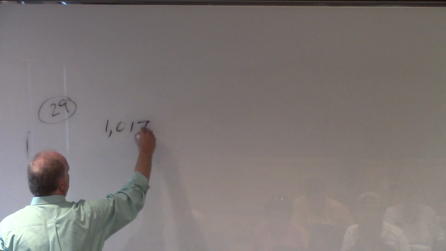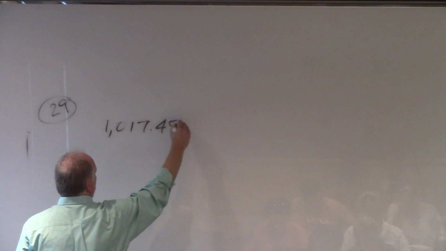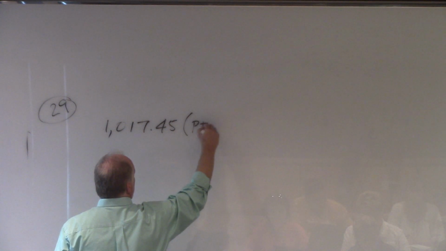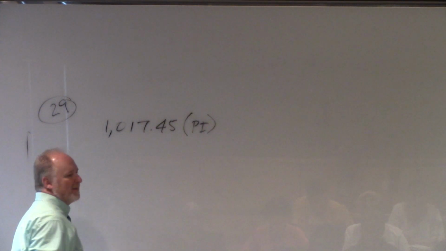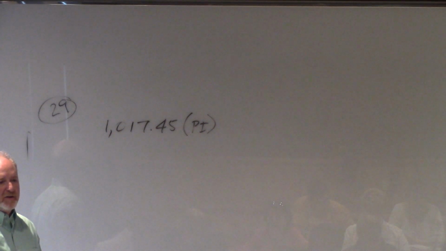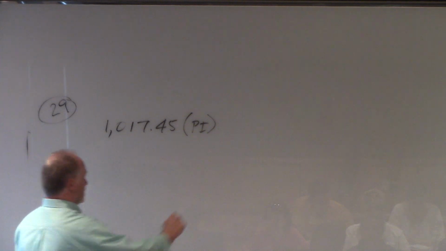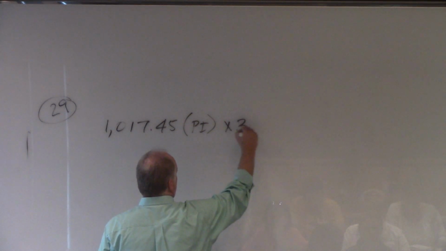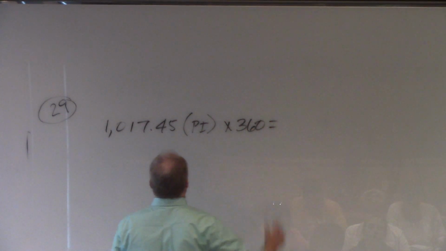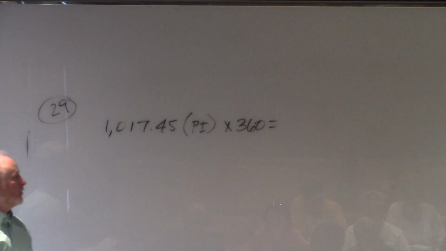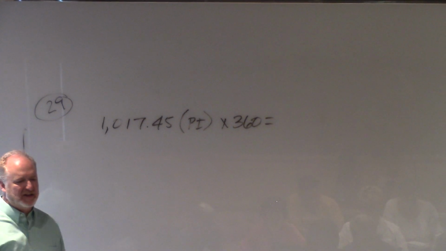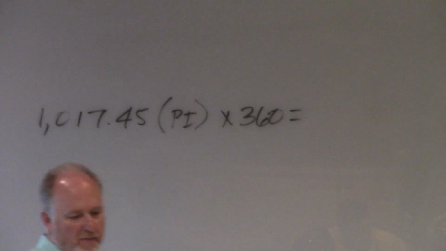Make sure you grab the PI. Do we know how many times you're going to make that payment? 360. Why 360? Because it is a 30-year loan. 1,017.45 times 360. Danielle, will you please tell me what that number is?